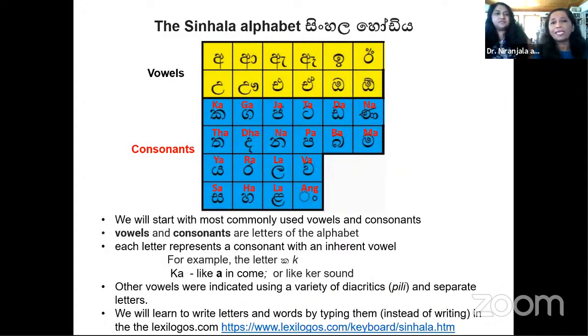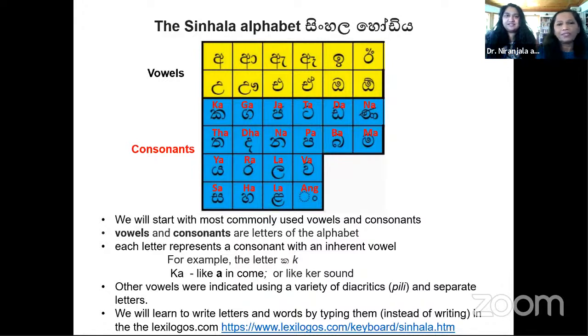So I think it is easier to learn Sinhala because, as Mihiri said, what you see is what you pronounce. So we will learn all of that later, not today, but some of it. Okay, so don't worry if things are complicated.